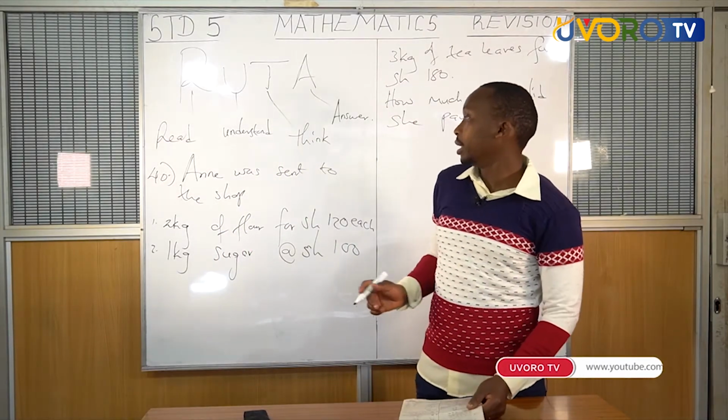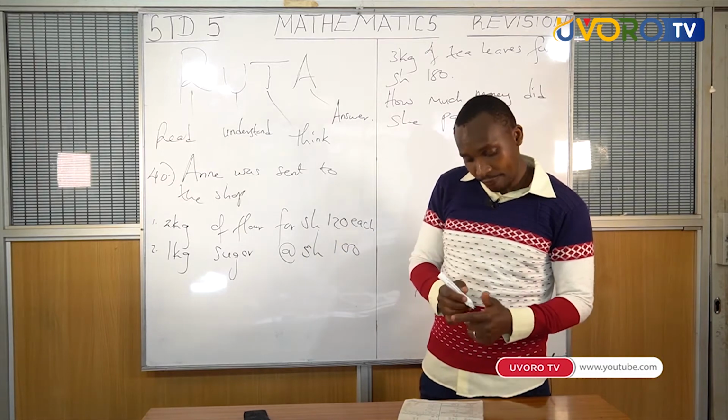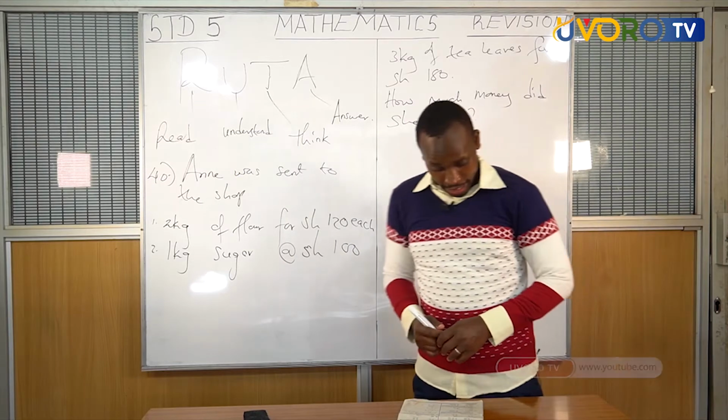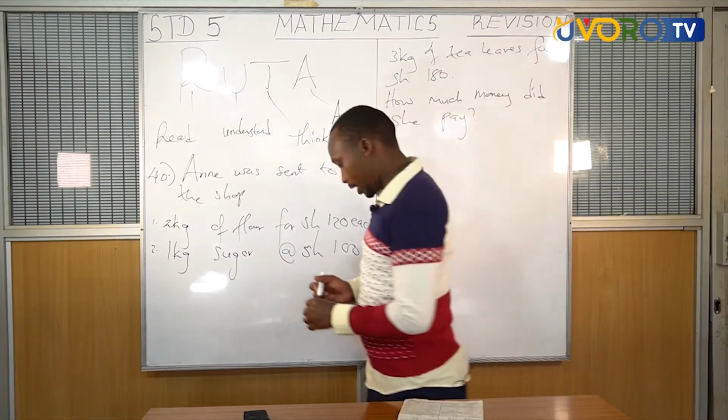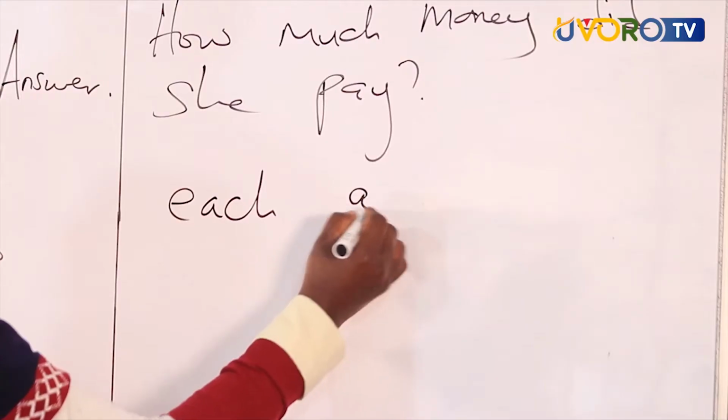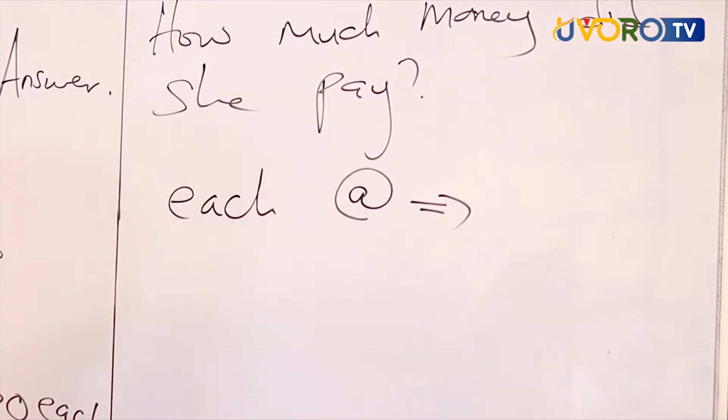Before we continue, remember you have to arrange everything and multiply where necessary. If you see each, what are you supposed to do? If you see each has another sign that looks like that, what do you do? Yes, very good.